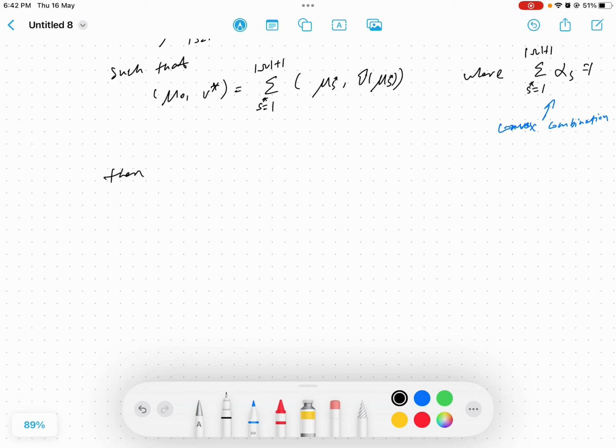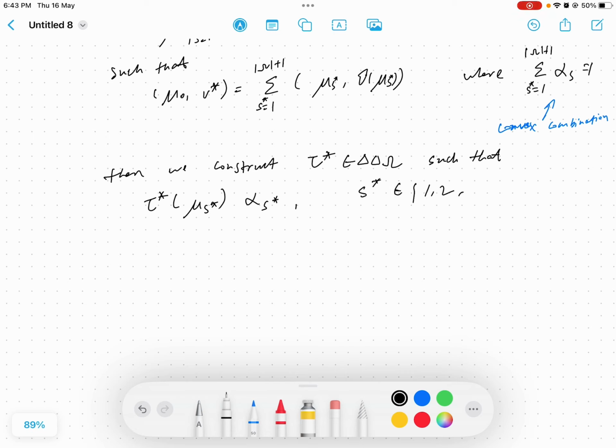The next thing that we are going to construct is this tau, quite similar to what we did in the proof for the splitting lemma. We construct a tau star, an element of delta omega, such that this tau star, given mu S star, is alpha S star, where S star goes from 1 up to the cardinality of omega plus 1.